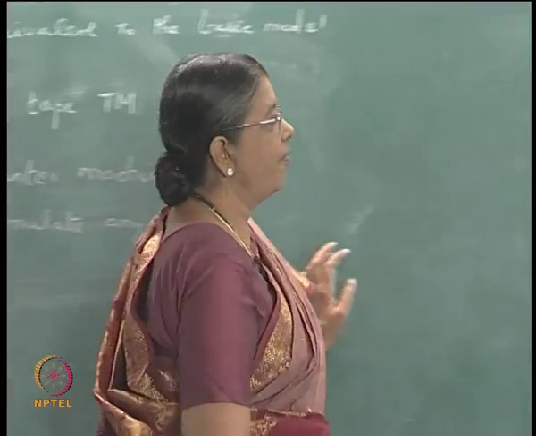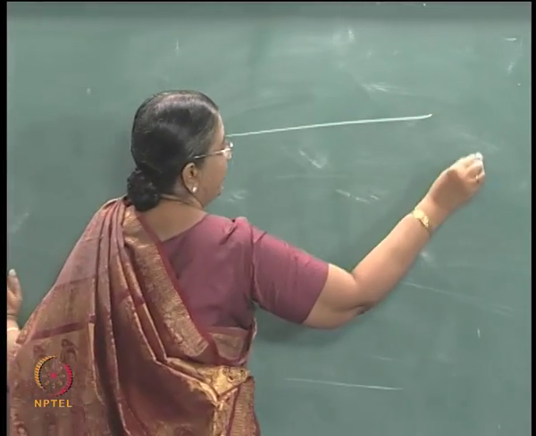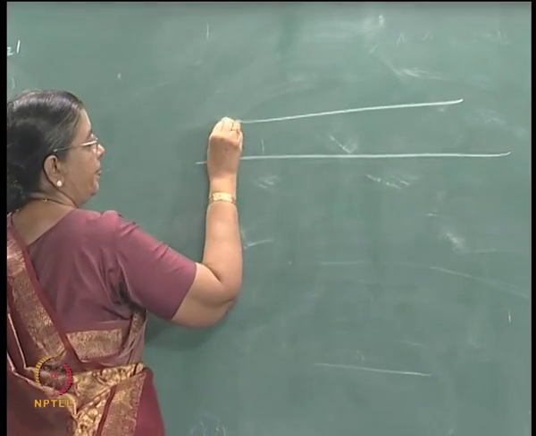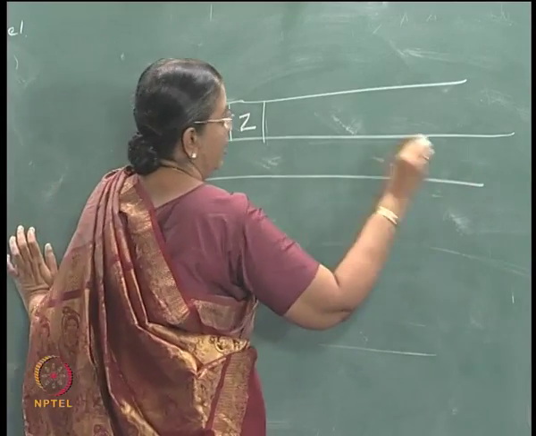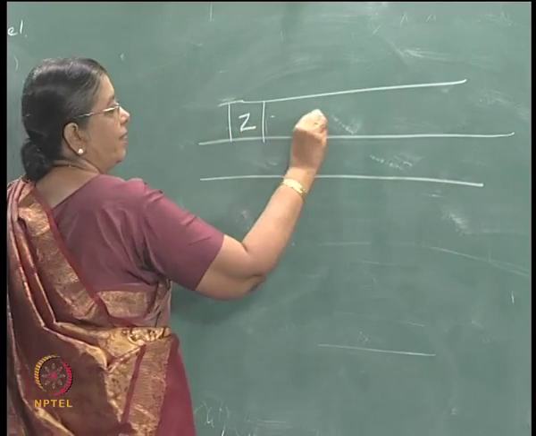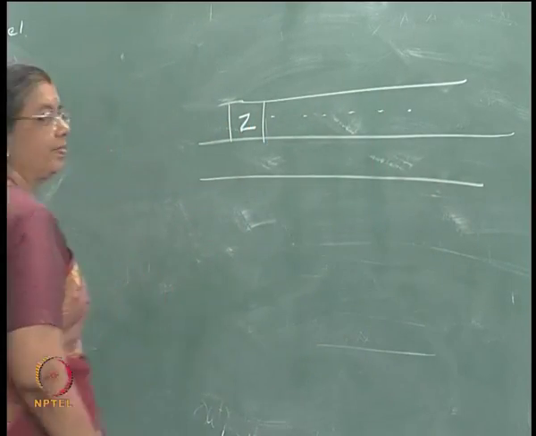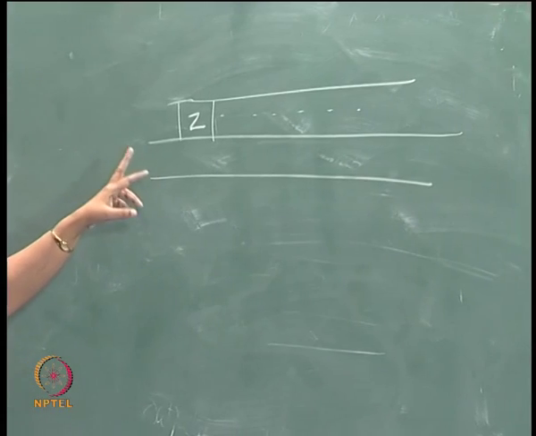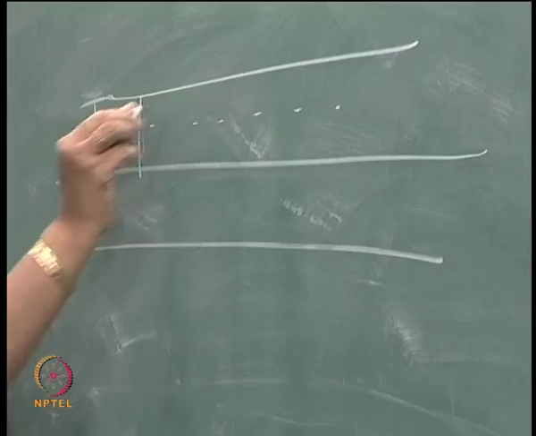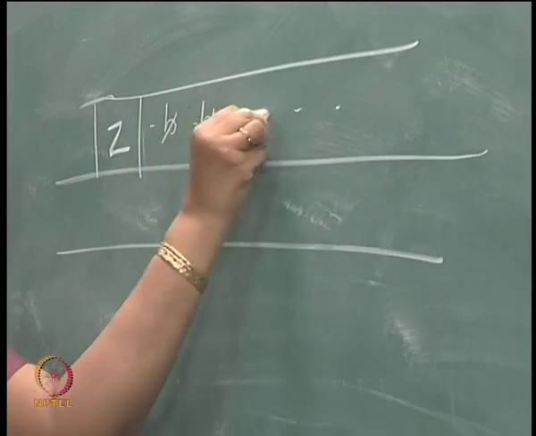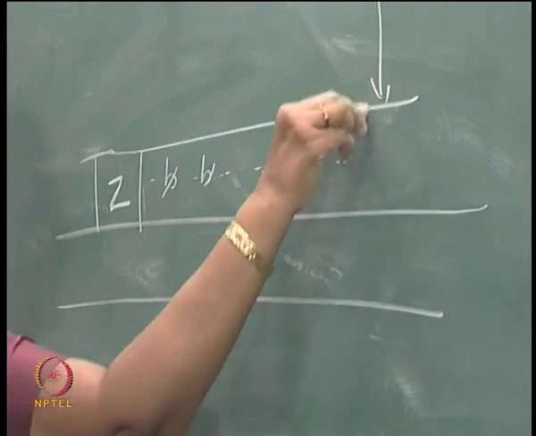So, the Turing machine will have some tapes where there will be one symbol and rest of them will be blank. There will be one non-blank symbol here and rest of them will be just blank. The tape head will be somewhere here.